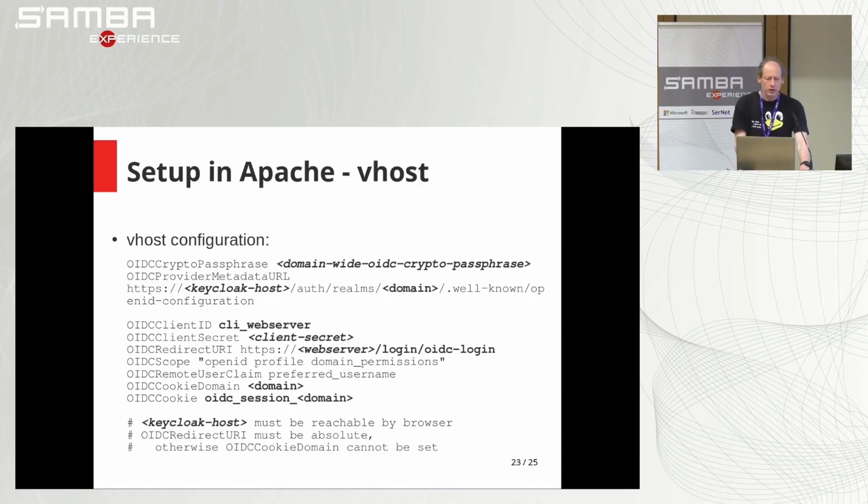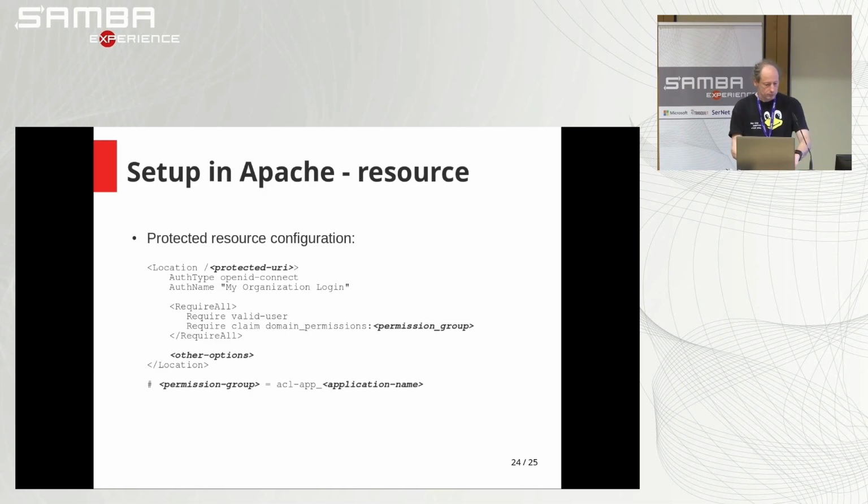Then on the vhost side, in Apache, I configure some domain-wide stuff again, so that the token that you have and the cookie that you get are valid everywhere. And then we have the really simple configuration of the protected URI in Apache.